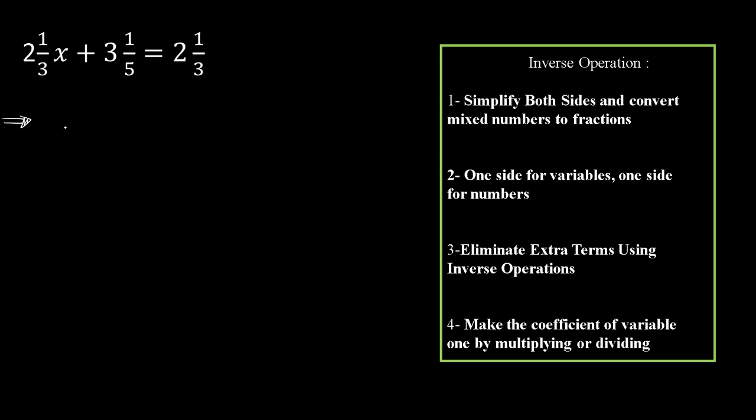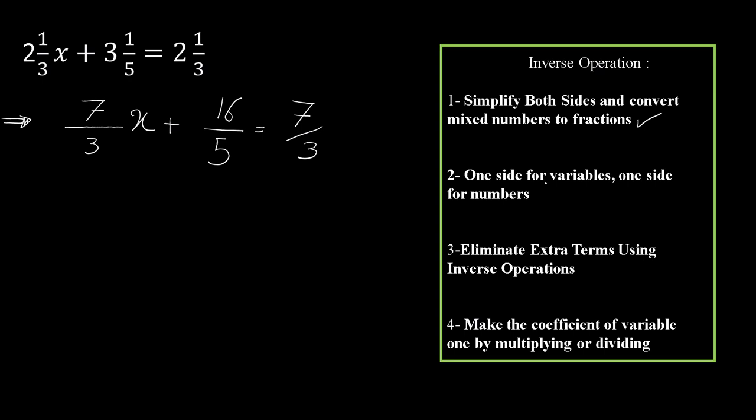So let's start with the first one, which contains the variable. 2 times 3, 6, plus 1, 7, over 3, x, plus 3 times 5 will be 15. 15 plus 1 will be 16. So 16 over 5. And the last one, 2 times 3 is 6, plus 1 is 7. So 7 over 3.